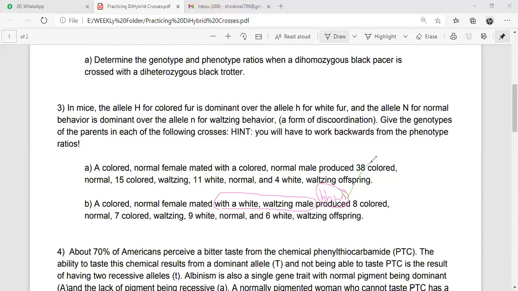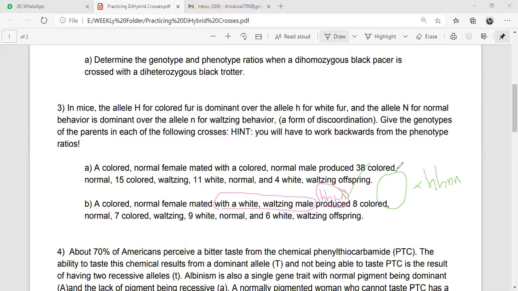Once we know one parent is homozygous recessive, we can predict the genotype of the other parent, whether the other parent is also homozygous recessive or heterozygous for its trait.